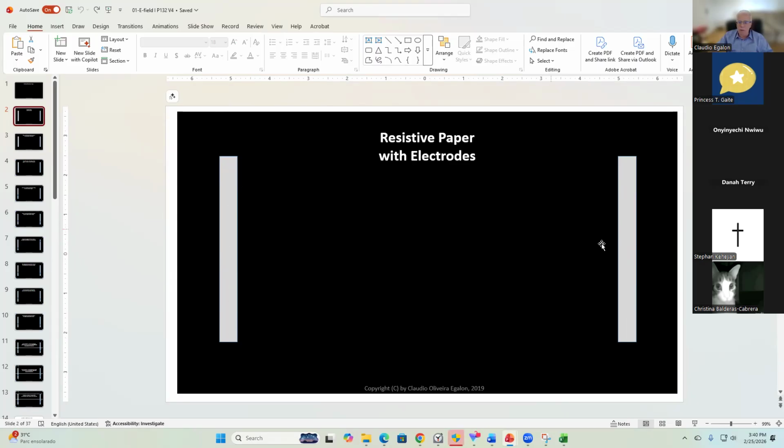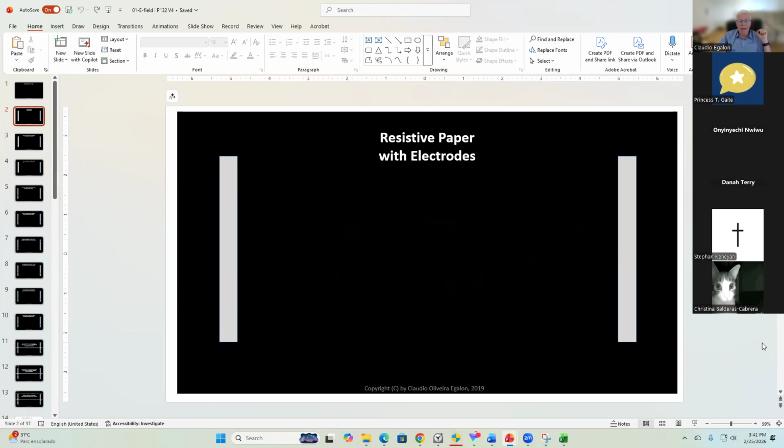This surface is far more conductive than the conduction properties of the paper. That's why I like to call this paper resistive paper, because the students may mix it up. When you say a conductive paper, we assume that the conductivity is very large, but it's not. The conduction of this paper is not very large, so much that this electrode has a conductivity far larger than the conductivity of the paper. Can you picture that?